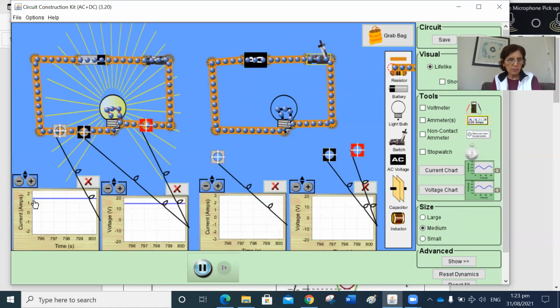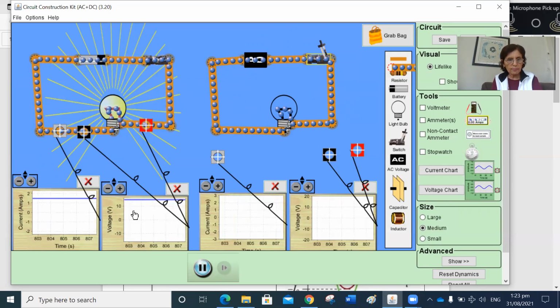Now current is about 1.5 and voltage has got some value between 10 and 20. I will just make this more than 12, maybe 14 or 15. I had these two batteries at the same voltage. So current and voltage are constant.